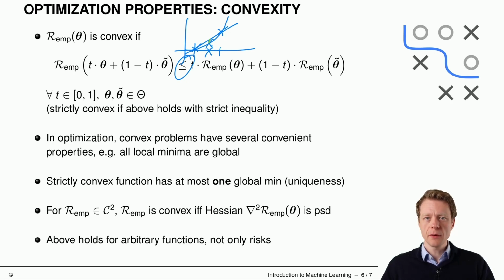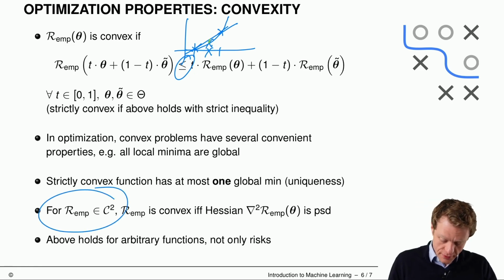So if we find the minimum of a function, and we know that the function is convex, then we also know we have found the global minimum, which is great, of course, because one problem of empirical risk minimization, especially for deep neural networks, is this multimodal problem that we have a lot of local minima that we can get stuck in. Strictly convex functions have at most one global minimum. They don't have to have a minimum. I guess you might come up with a function that is strictly convex and does not have a minimum, but I leave that to you.